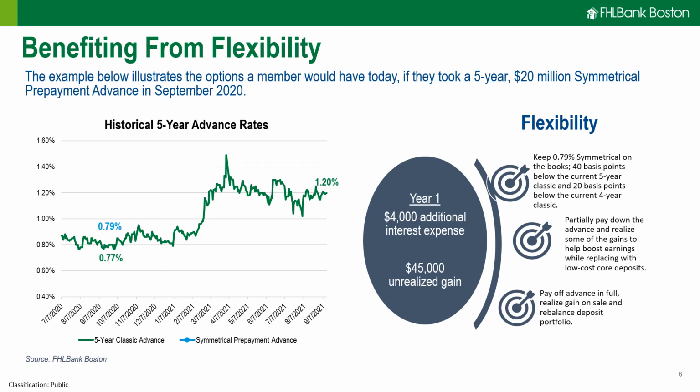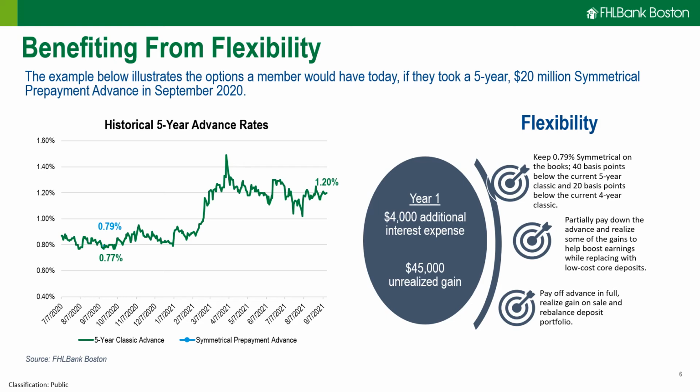So if you see this bluish gray circle here, in this first year you paid an additional $4,000 of interest expense for the symmetrical above that of the classic advance. But you also are in the money because we talked about if rates rise, you can realize that gain on the symmetrical prepayment advance.